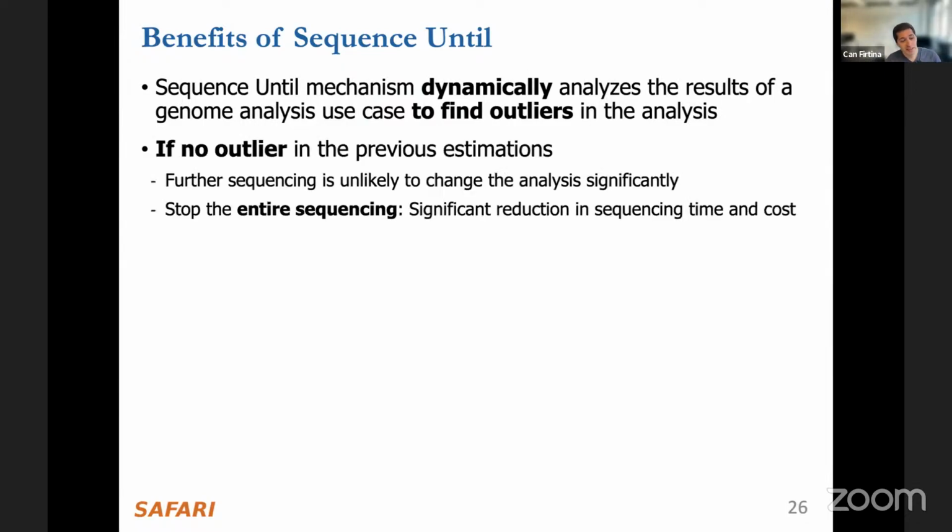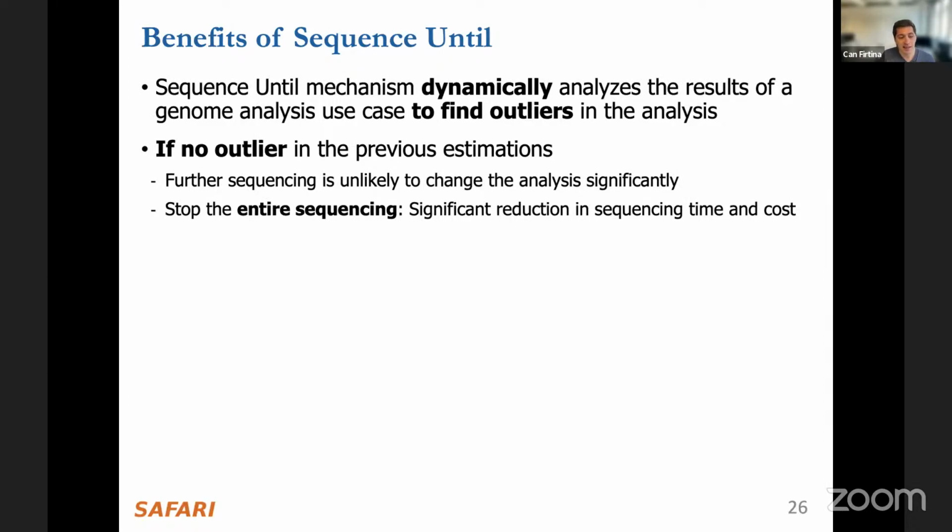But if there is no outlier in the previous estimations, then this essentially means that further sequencing is unlikely to change the analysis significantly. Then we can hopefully stop the entire sequencing because we don't want to do further sequencing.